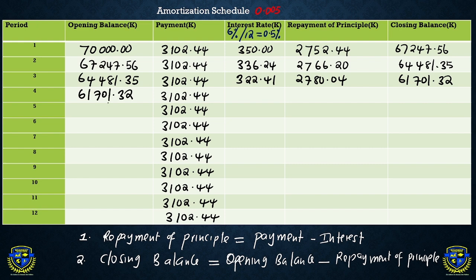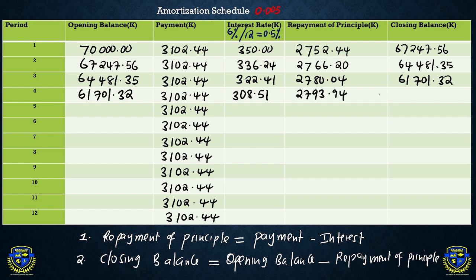Okay, 0.005 multiplied by the opening balance for period 4. It's going to give us 308.51. Then repayment of a principal, payment minus interest. That's going to give us 2,793.94.